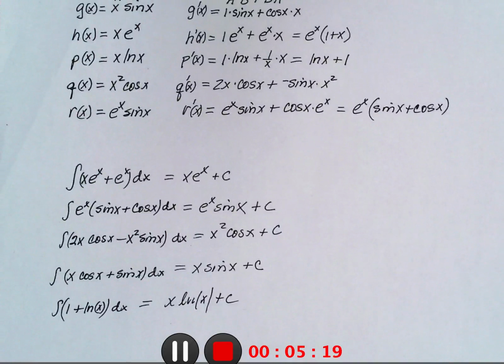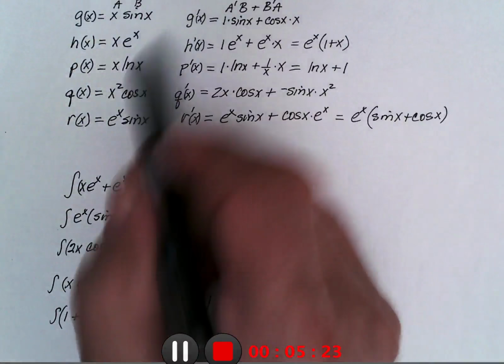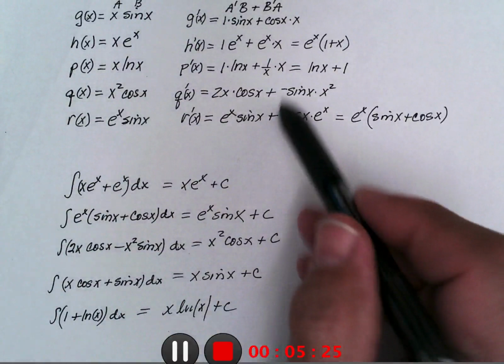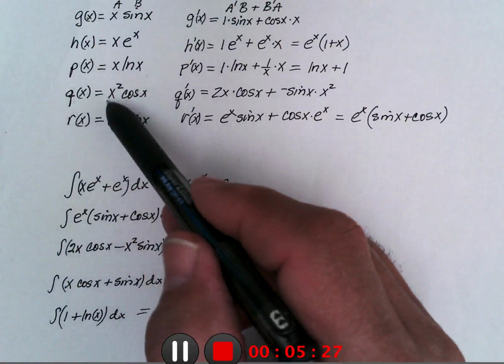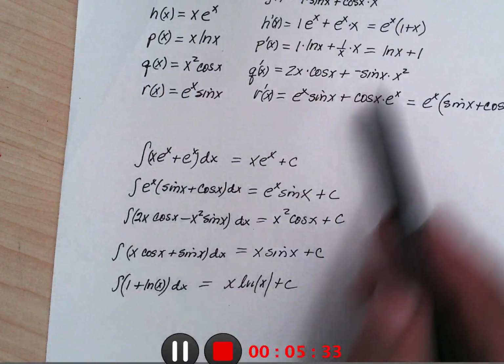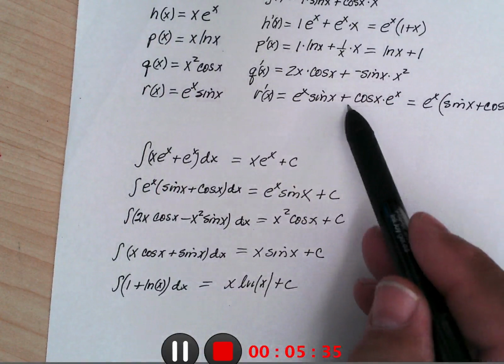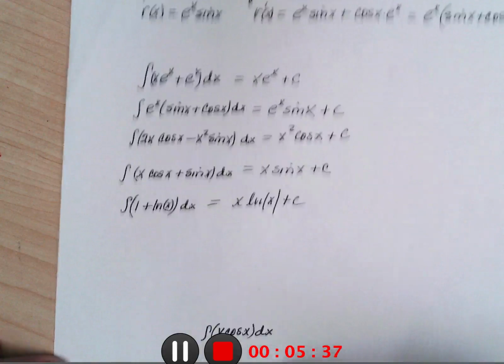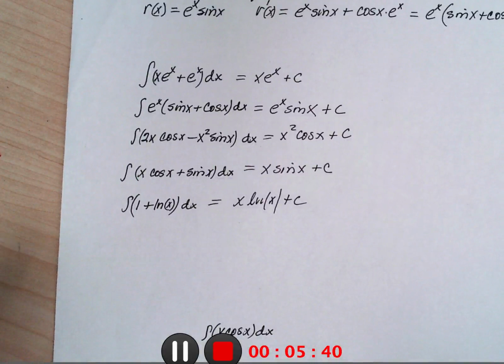how would we do it if we hadn't happened to have done ones very much like this? Could we do something like x cosine x? And notice all these produced a plus because they were products. And this one doesn't have a plus. So what can we do?